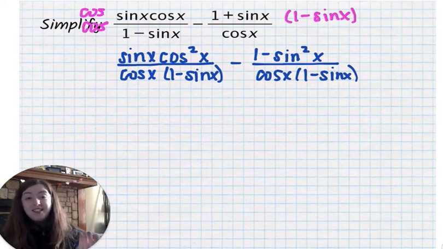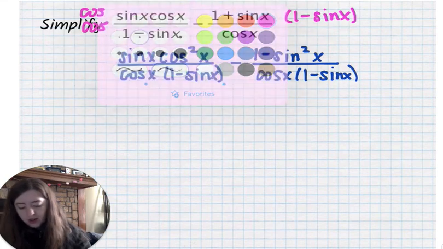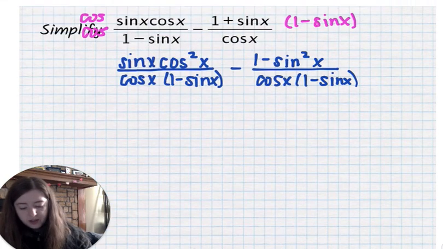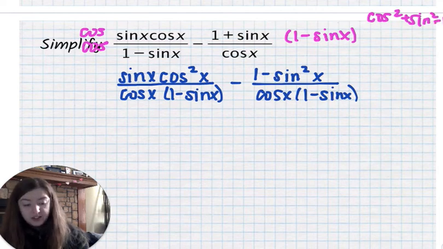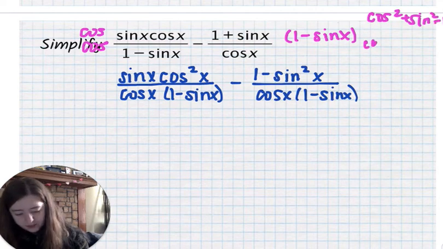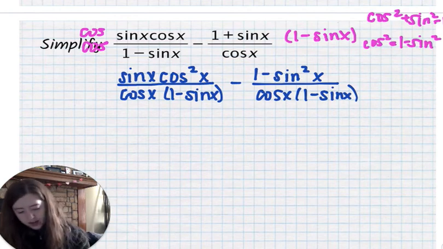We have a sine squared and a 1 up there on top. So we know that cosine squared plus sine squared equals 1. So I can subtract sine squared from both sides. So I can replace 1 minus sine squared with cosine squared.